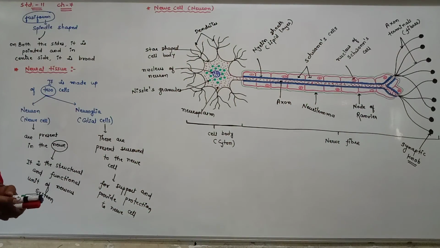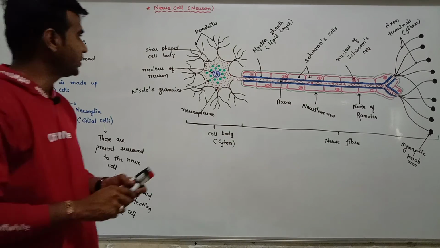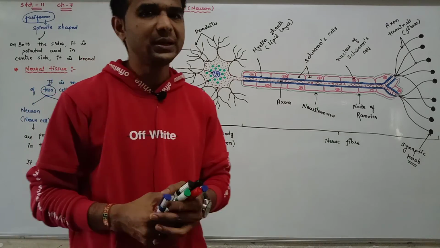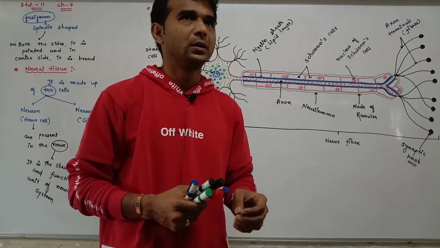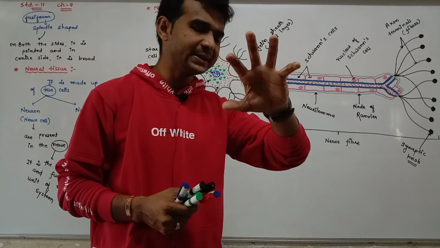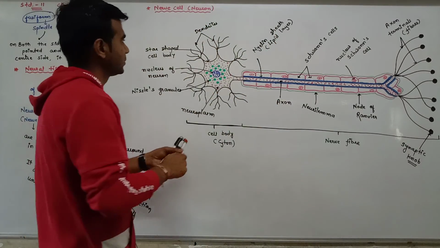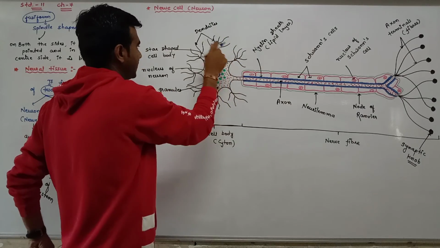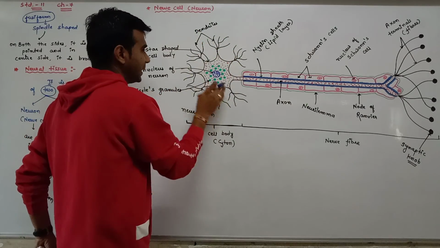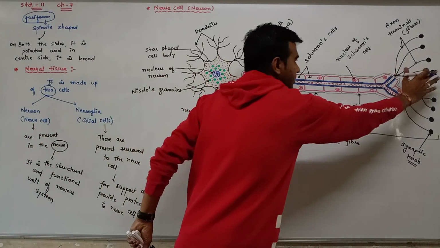Okay, so this is the labeling of the neuron. Now you remember that we always obtain the sensation from the dendrite region. So from dendrites we obtain the sensation and transmit it towards this region.